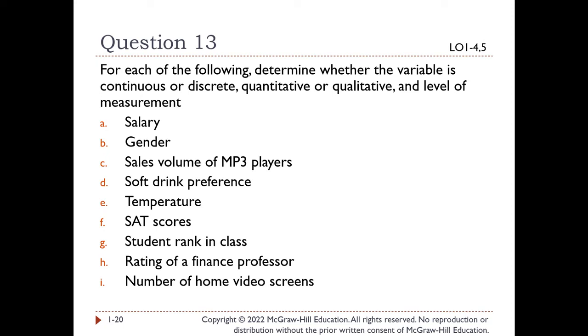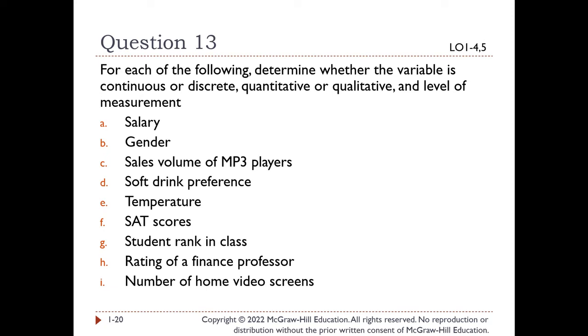Temperature, we already know that one from prior slides is on an interval level of measurement, so that would be quantitative. And continuous as well, because we can have 65.5 degrees, and so forth and so on, in a specific range.